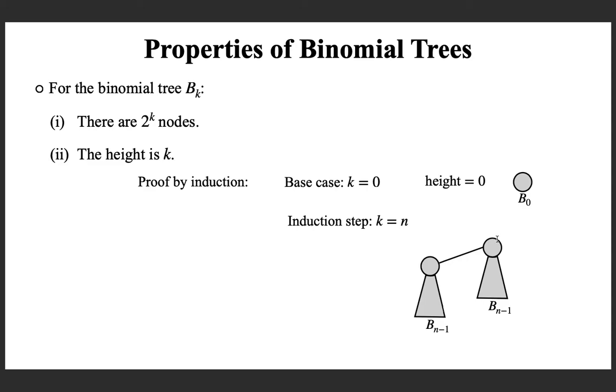And what is the height? You know that from the induction hypothesis, this binomial tree is having height n minus 1 and this again is having height n minus 1, and that is the induction hypothesis.